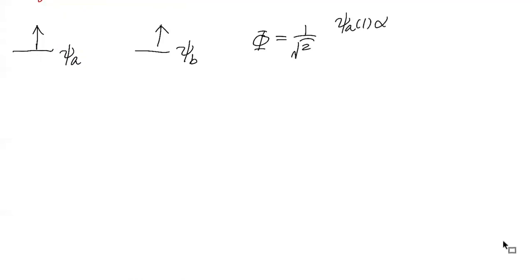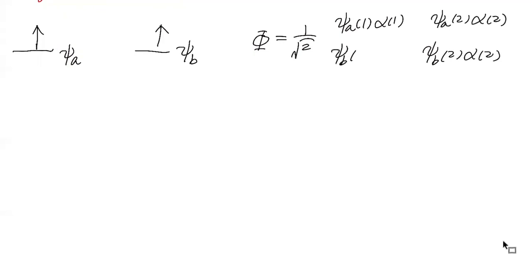Now, let's consider a pair of electrons that have the same spin. Let's consider, for side A, you have an alpha electron. On side B, you have another alpha electron. Okay? So phi, this is the Slater determinant, is what? 1 over square root 2, for side A, 1, alpha 1. For side B, 2, alpha 2. For side A, 2, alpha 2.